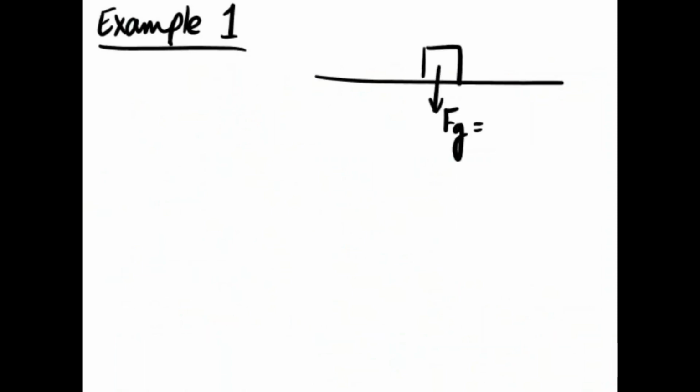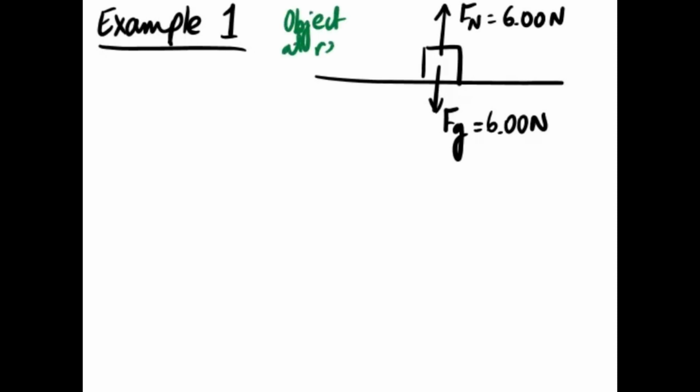Let's take a look at example 1. We have two forces on a book on a table. Let's say we have gravitational force of 6 newtons down, and normal force from the table of 6 newtons in the upward direction. You can see that the net force is equal to 0, and we also know that the book is sitting on the table and it's at rest. So let's try to understand what is going on in this scenario.